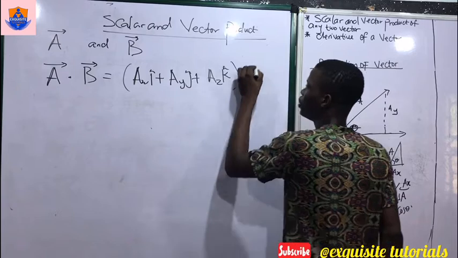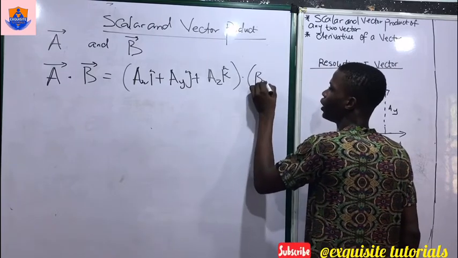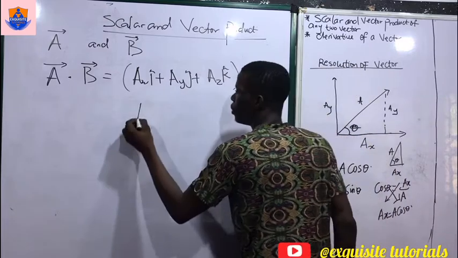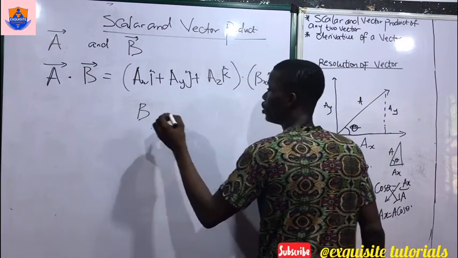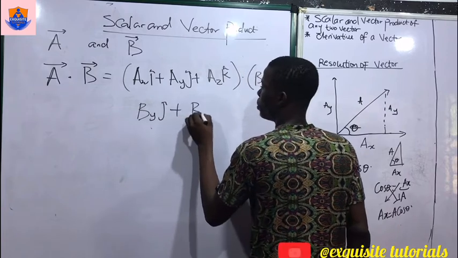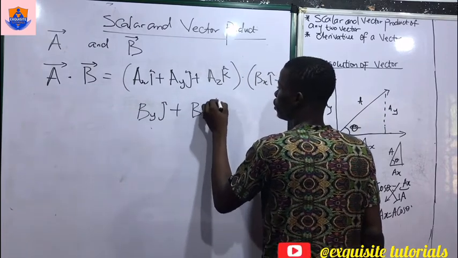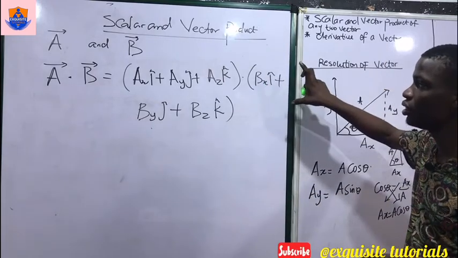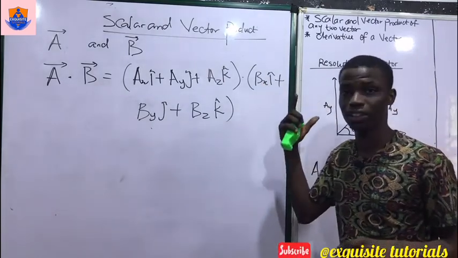So I'm trying to dot it with my B of x i plus B of y j plus my B of z k. This is the way you normally do a scalar product.